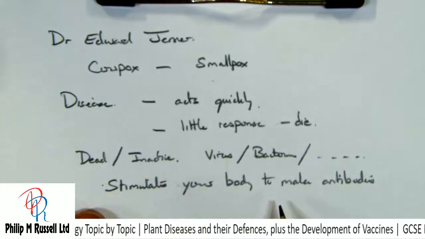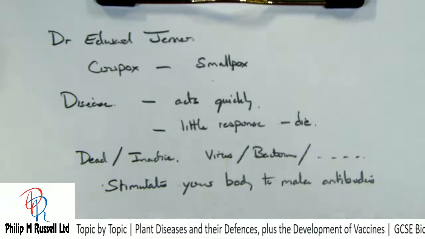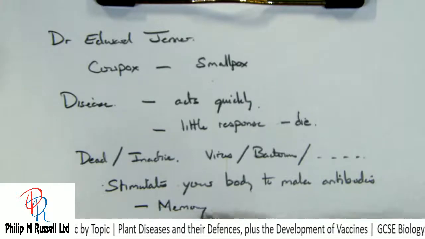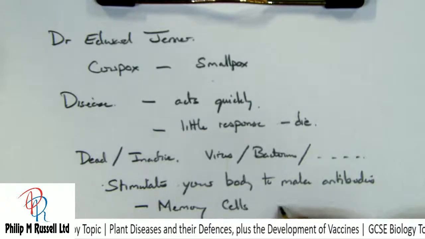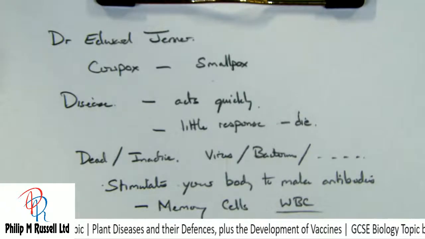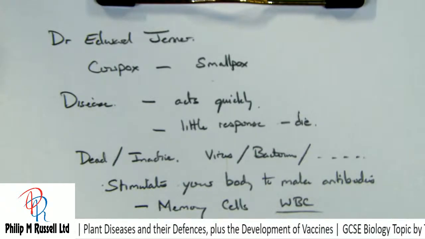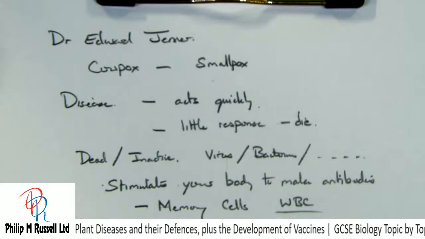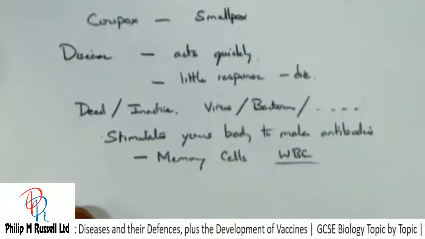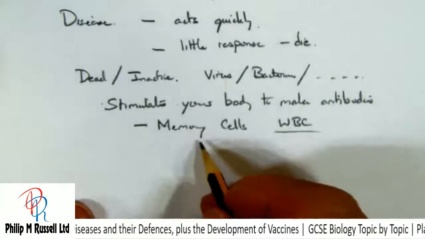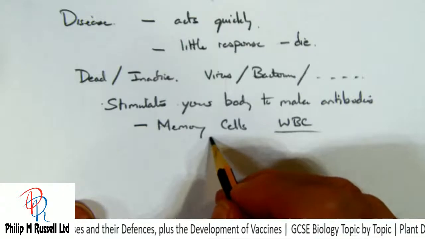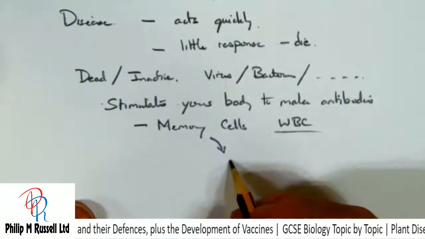So we've got antibodies, and these go into special cells called memory cells. These are a special type of white blood cell. If your body then meets the same but live pathogen that has this, then the memory cells get going and start stimulating the production of antibodies quickly.